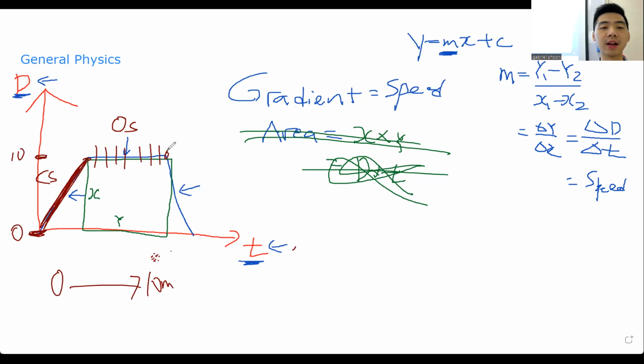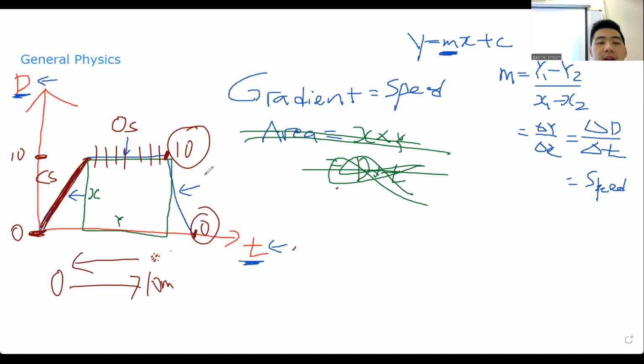And then after that, he decided to go from here back to position 0. Doesn't this mean that if he's going from position 10 back to position 0, he's moving in a backwards direction? In other words, this guy is moving backwards as the distance time graph goes back from 10 to 0.